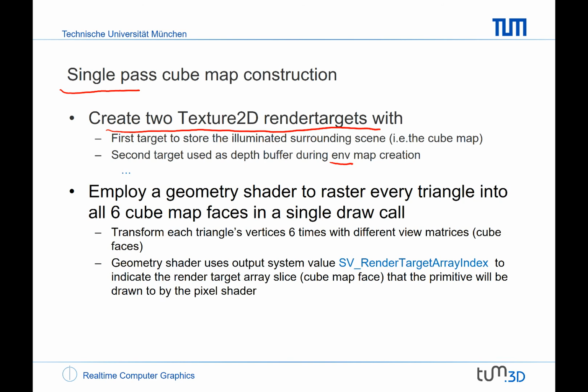Then the geometry shader submits these 6 differently transformed triangles into the pipeline, so that they are rendered as if viewed through these cube map windows. As an implementation issue, if you want to create the cube maps as efficiently as possible, you can employ the functionality of the geometry shader to amplify geometry in the pipeline.